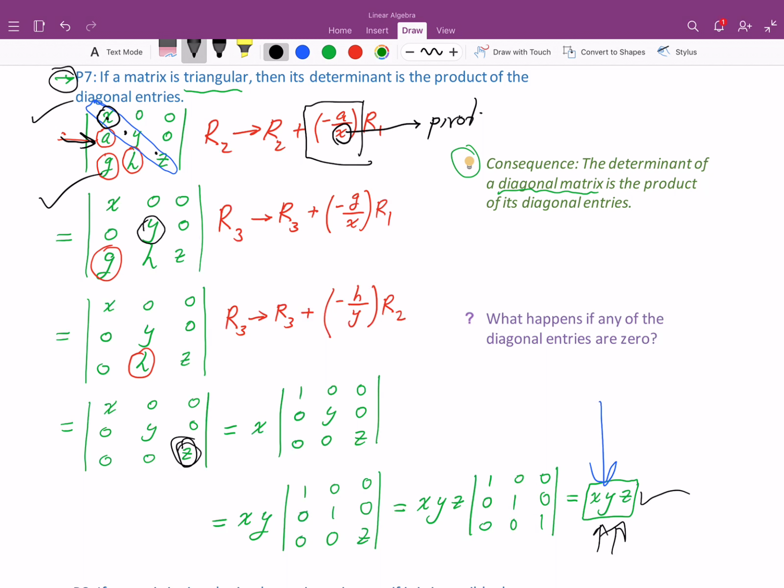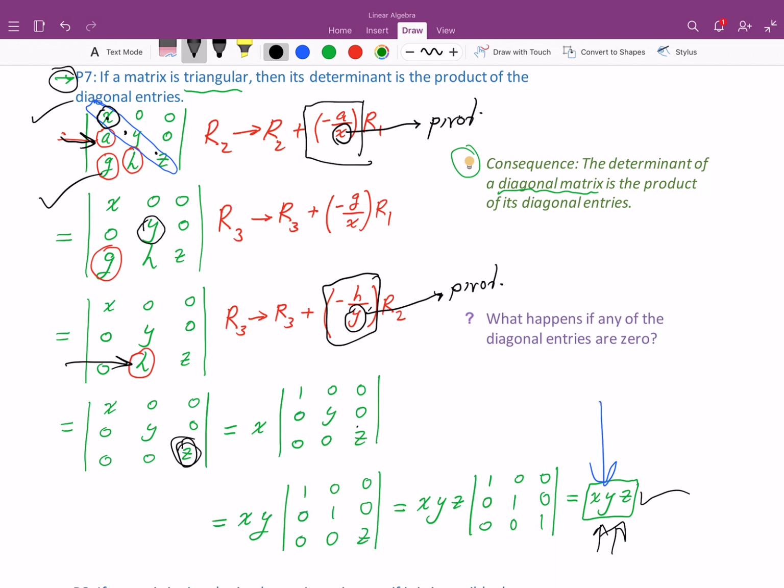Okay, and here y is used to build this multiplier to eliminate h, and so that y is another pivot. Okay, so the pivot is basically, in row reduction, after producing a lower triangular matrix, the first non-zero element of that row.